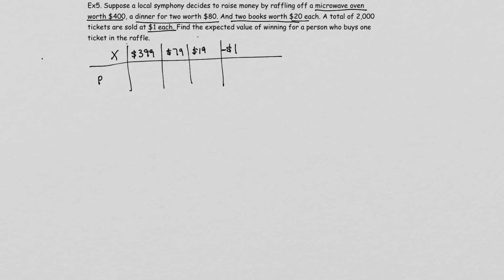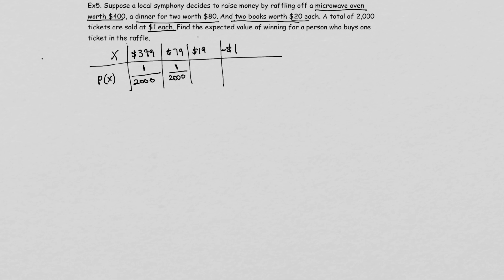And what's the probability of winning a microwave oven? Well, they have only 1 microwave oven out of 2,000 tickets. So 1 person is getting it. 1 person is getting the dinner for 2 out of 2,000 tickets.